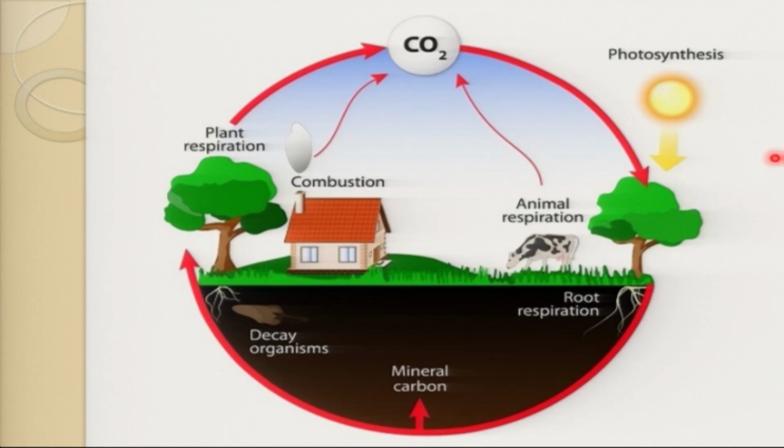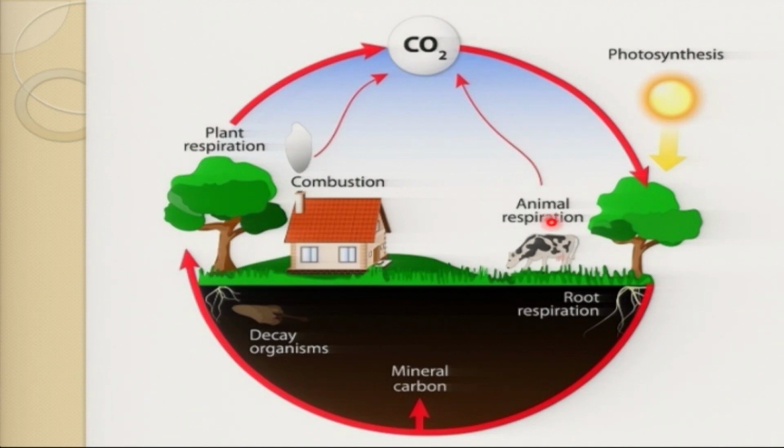What do you see in the diagram? We have plants. They do respire. And once they respire, the plants take in oxygen, and take in carbon dioxide. This is an industry or a house, with a combustion process.